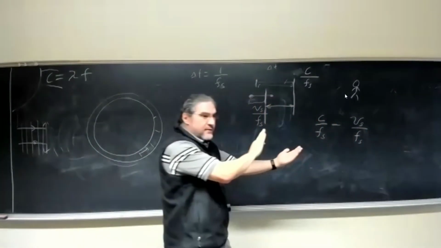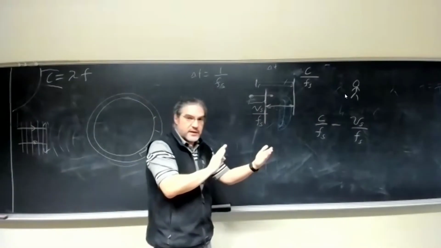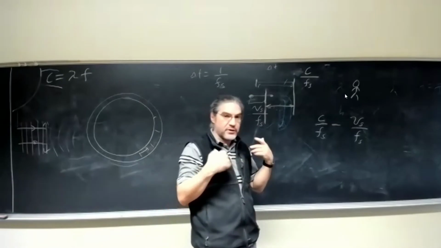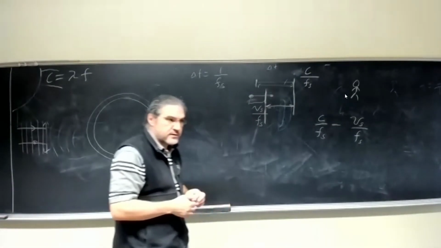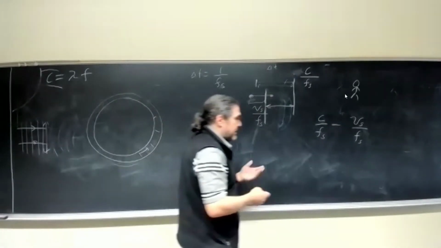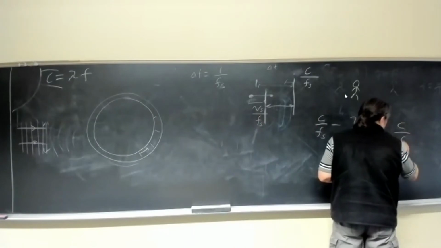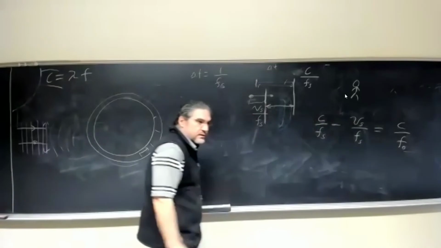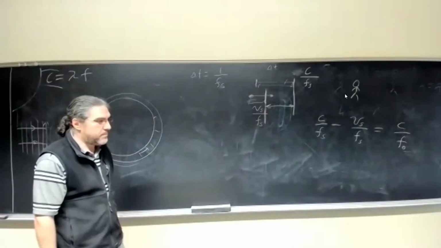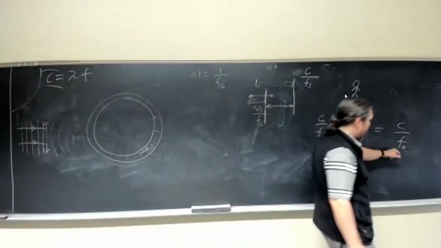So I see one wavefront and then the other wavefront is coming, and the time difference between them is the period which I hear. So the time difference between them will be c divided by the frequency which I hear. Does that make sense? This is fo, the observer frequency.